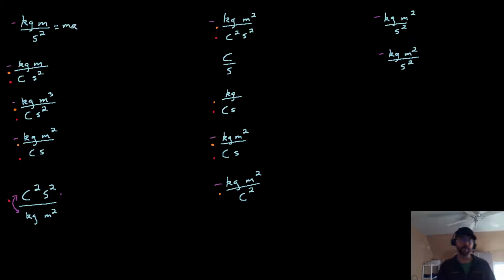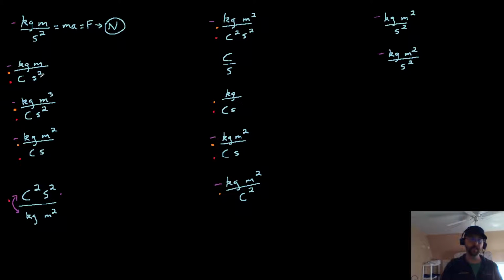So what we have here is mass times acceleration. Well, mass times acceleration, we know that that's force, and we know that the unit for force is newtons. I'll circle it. So this is a newton.